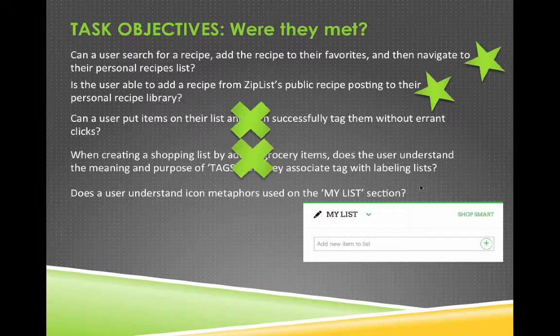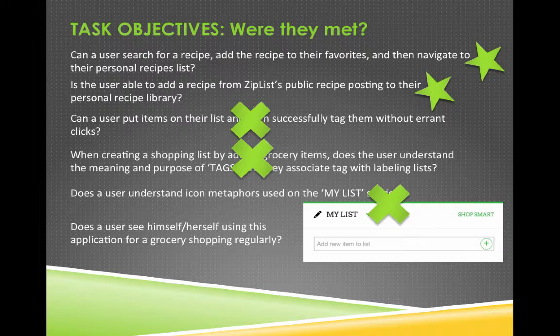We were curious if the rest of our participants would have the same impression that we had, and in fact they all did. So they did not understand the icon metaphor that was used here because everybody thought it was an edit button, and it's not an edit button. So we do not think that that was successful.